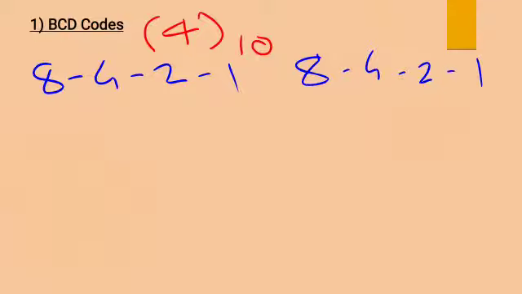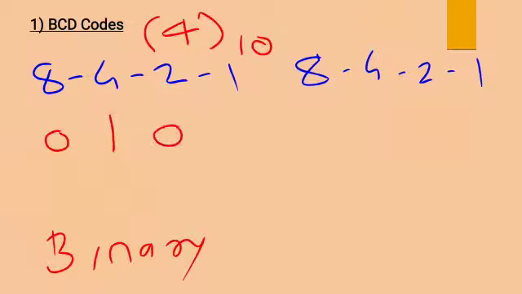So if we want to represent 4 in binary, we can simply represent it as 0 1 0 0.